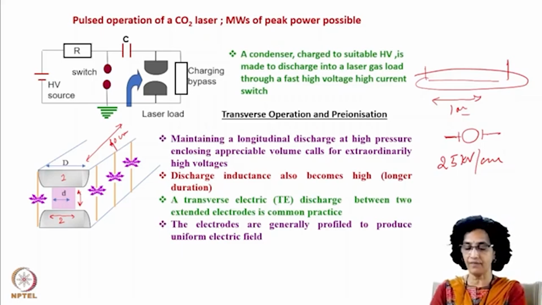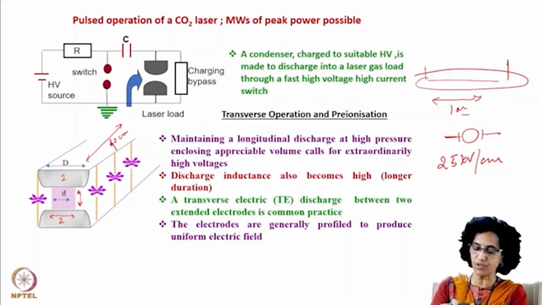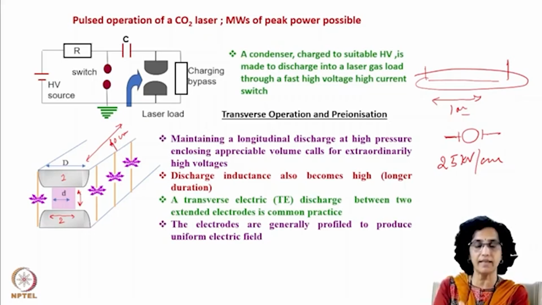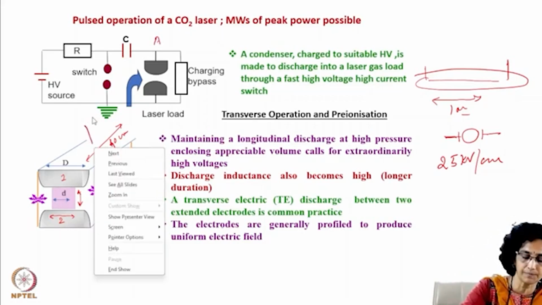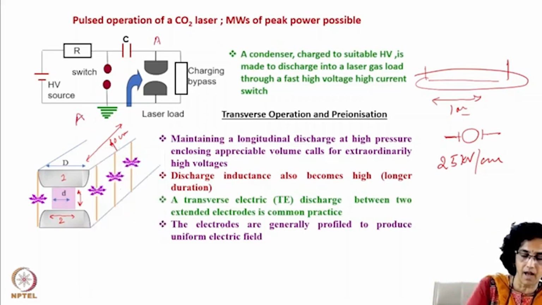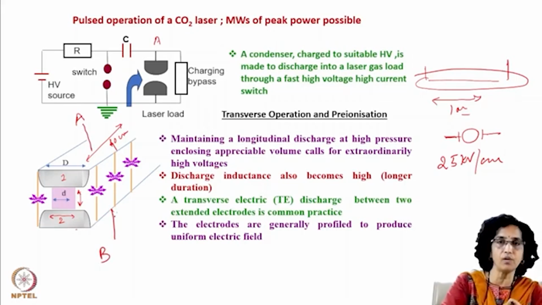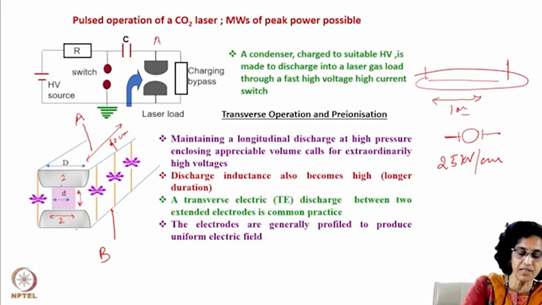So now you have two electrodes facing each other, enclosing a volume in which your laser gas mixture is filled, and it extends over a length. And this point A is connected to the upper electrode, and this point is connected to the lower electrode. Right?